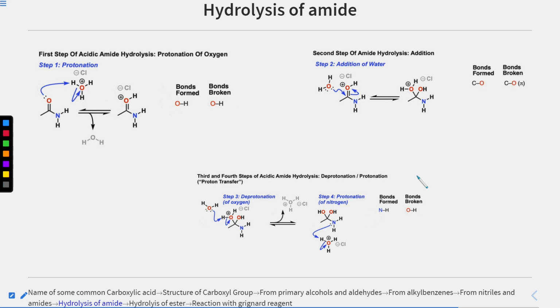We have a 3-step mechanism that has to be followed for the formation of carboxylic acid using amide. So our amide is here. The first step is protonation. We have the amide with oxygen, and H3O+, as we have introduced it in the presence of acid.